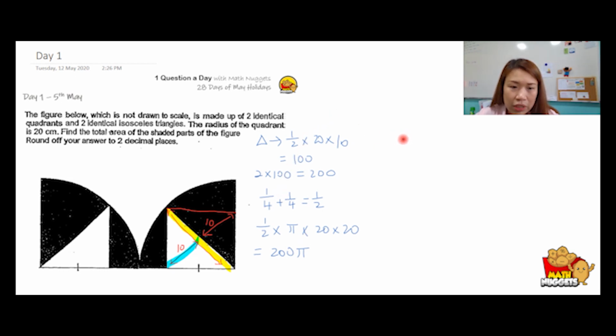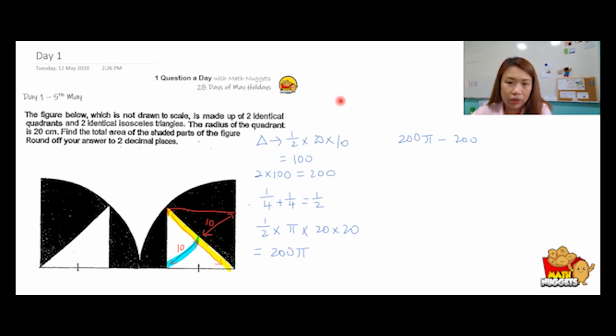So from here I'm supposed to take the total area of the two quadrants minus the area of the two unshaded triangles, which is 200. So 200 pi minus 200.